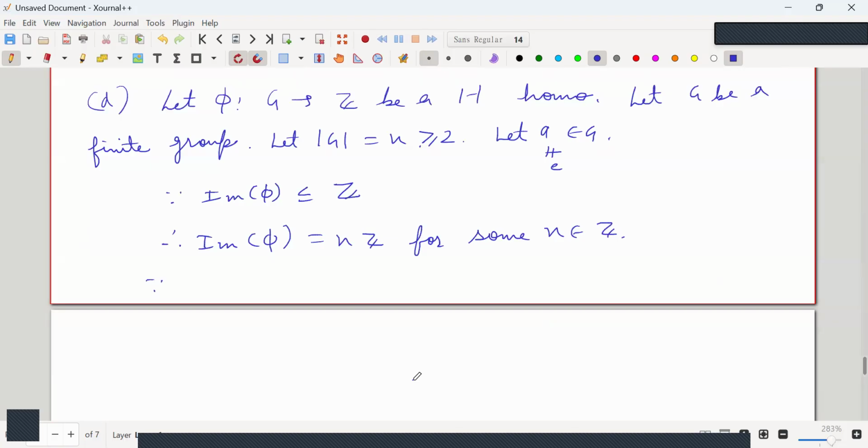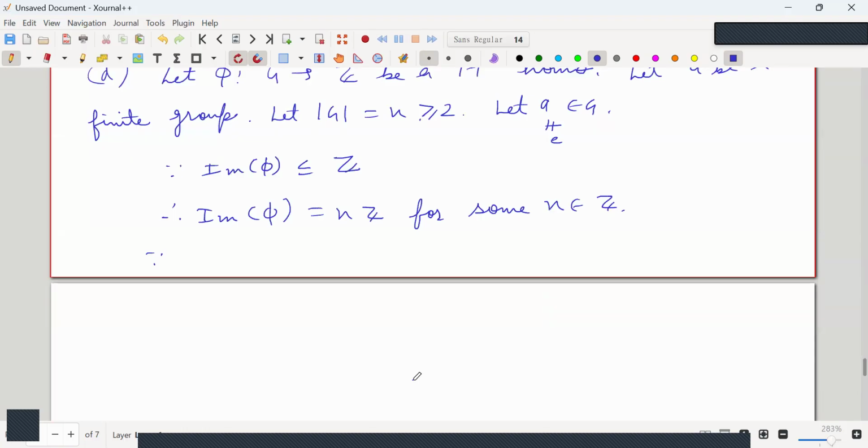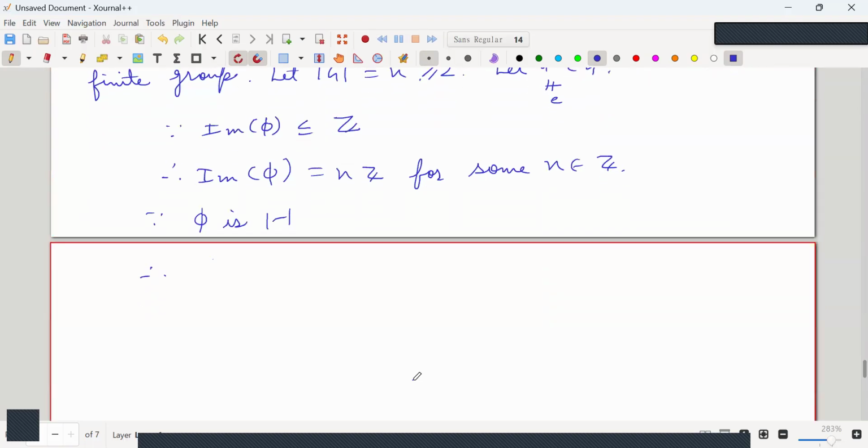Now since phi is 1-1, G is isomorphic to image of phi. Why is it so? It's 1-1 and onto its image, so there's a bijection.